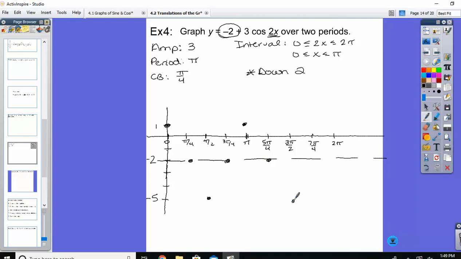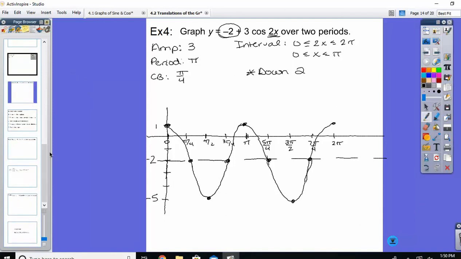Repeating the pattern. So if you move up or down, just draw a horizontal line, and then that's the line you move around.